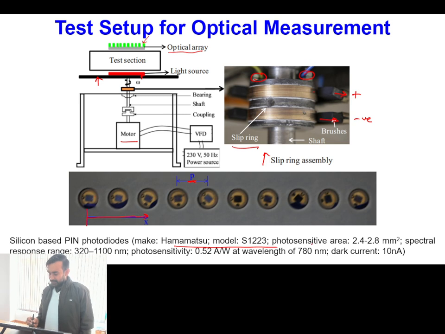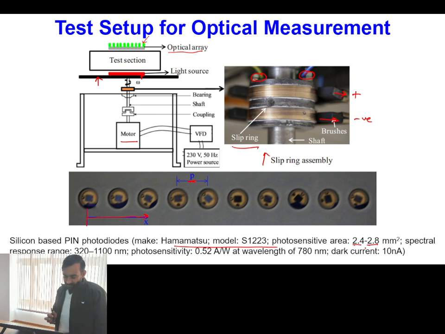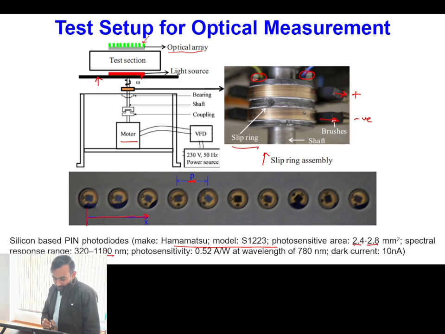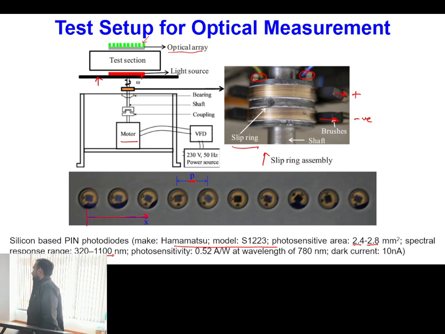You can see here their photosensitive area is 2.4 to 2.8 millimeter square. Their spectral response range is 320 to 1100 nanometers. So it means if you give the wavelength of your signal in this range, it will generate some voltage or current signal.